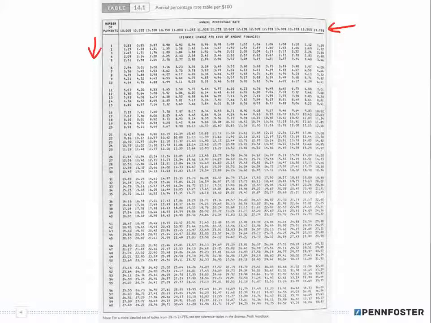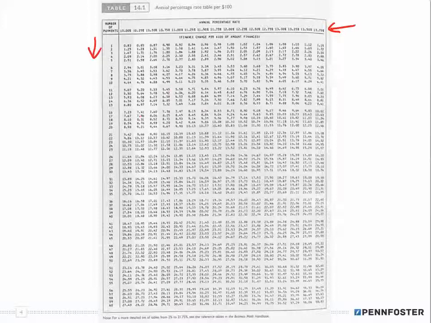When you're looking at this table, just realize that here's the percentages across the top, here's the number of payments down the side. In previous chapters, when we were looking at present value and future value of a lump sum or an annuity, we were calling them factors. You were looking up a particular number, and then you were using that number to multiply times that principal amount.